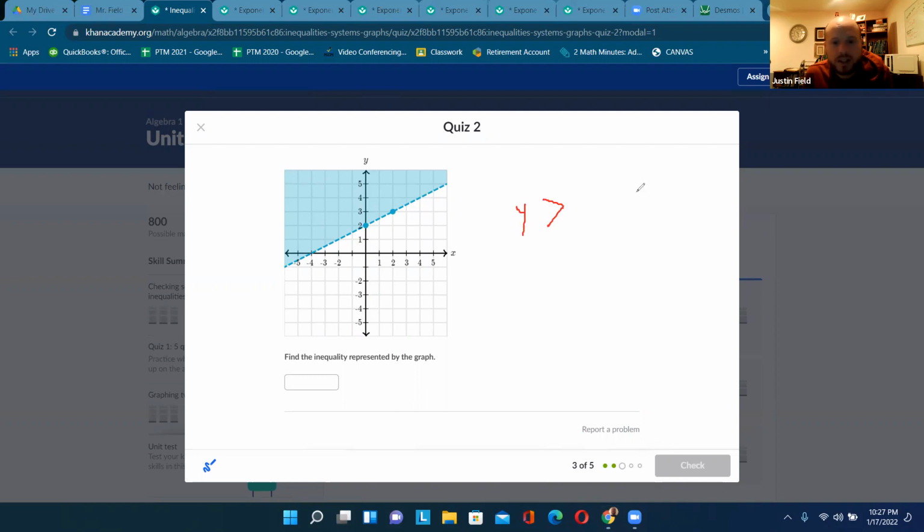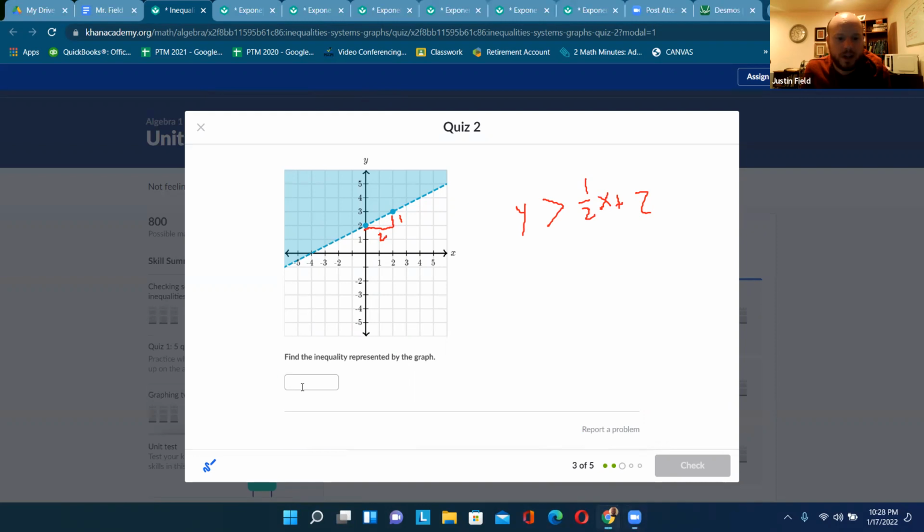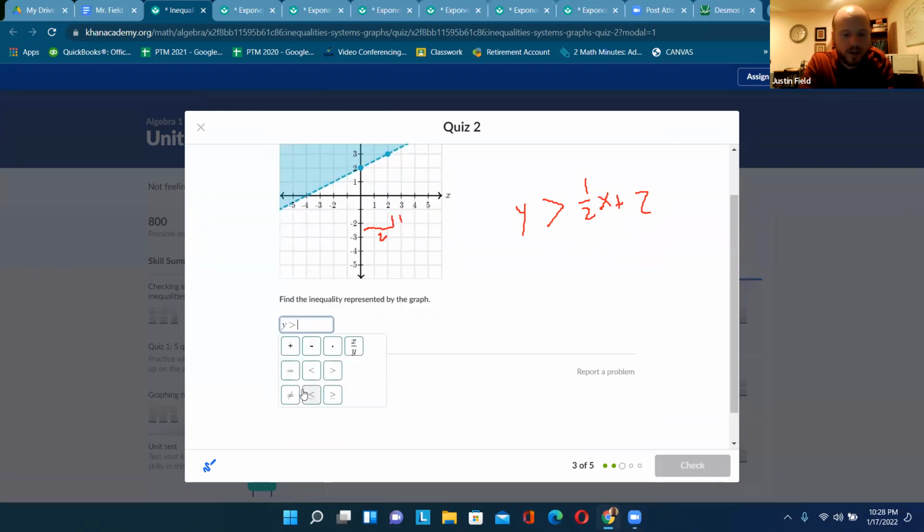And then the y on that side, and the y-intercept is 2. And the slope is 1 rise over run 2, so 1/2. 1/2 x plus 2. All right. y is greater than 1/2 x plus 2.